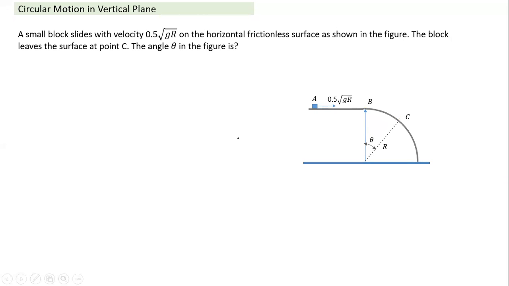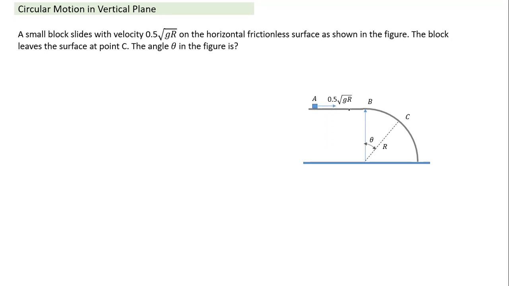And this is a similar variation of the question, and I'm not going to solve it. This is part of your assignment, and you will find it fairly easy. It's exactly the same thing, slightly changed. So rather than having a hemisphere, let's say we have a quarter of a cylinder, and the top is connected to a smooth horizontal surface here.